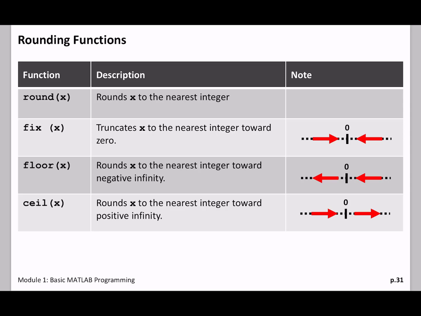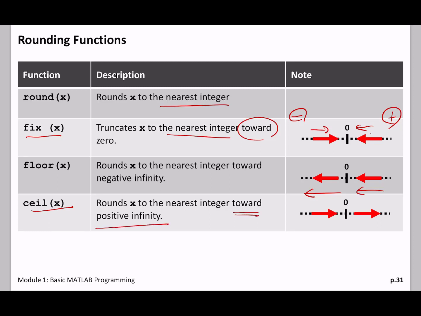Round maps the number to the nearest integer. Fix is the nearest integer toward 0. Here's minus, here's plus. Floor is the nearest integer toward negative infinity, so this direction. Ceil is toward positive infinity.